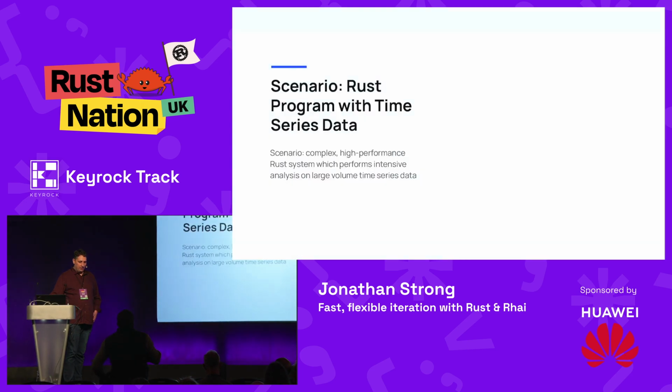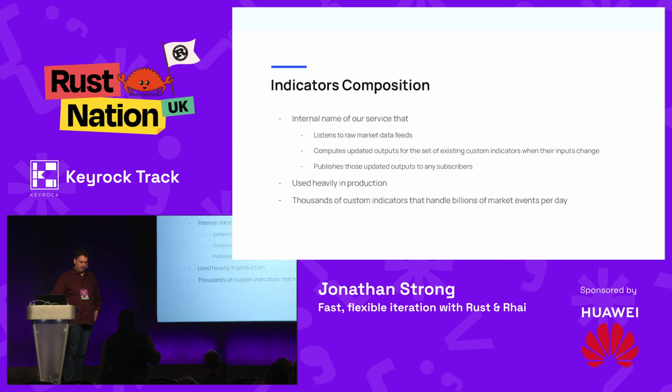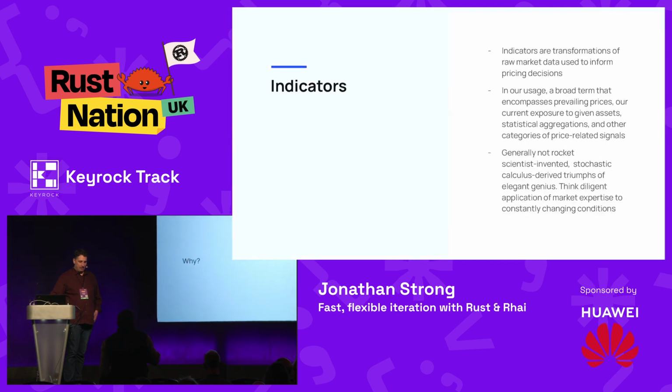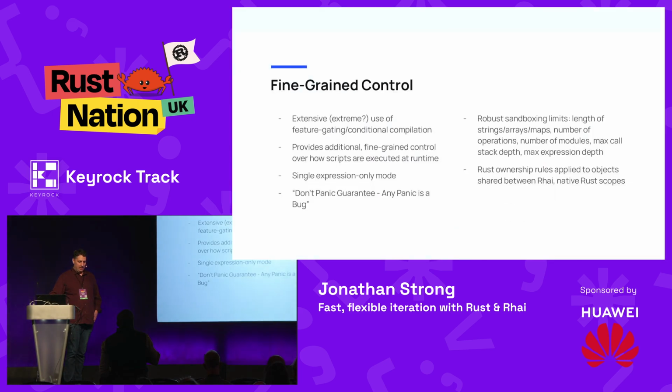Yeah, I was just going to go back to the bullet point, robust sandboxing limits. The things that you can limit include length of strings, arrays, maps, number of operations, number of modules that are added by the script, the max call stack depth, max expression depth.